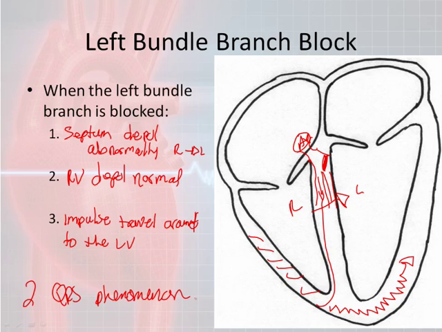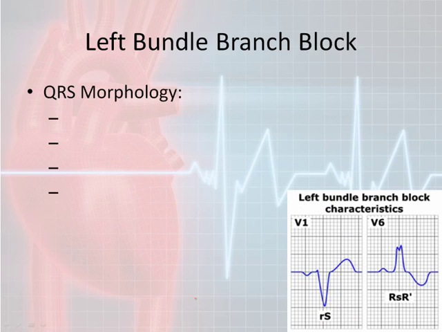The difference, though, is that it's not as easily seen in the left bundle branch as it is in the right bundle branch. But you can see a 2 QRS phenomenon if you look closely enough for a left bundle branch block. The morphology that you're going to have for a left bundle branch block for the QRS complex, of course, anytime that you're looking for a bundle branch block, the first place that you're going to look is going to be V1 or V2.